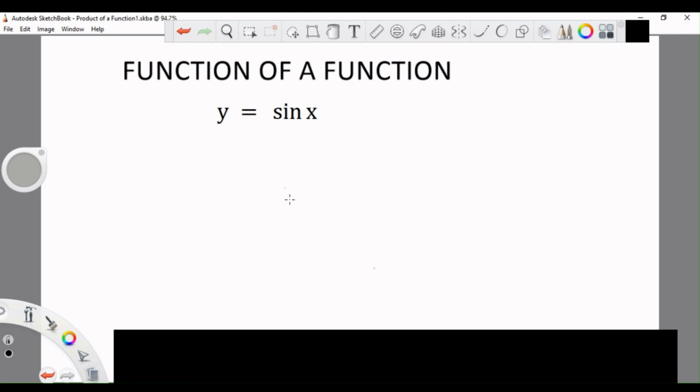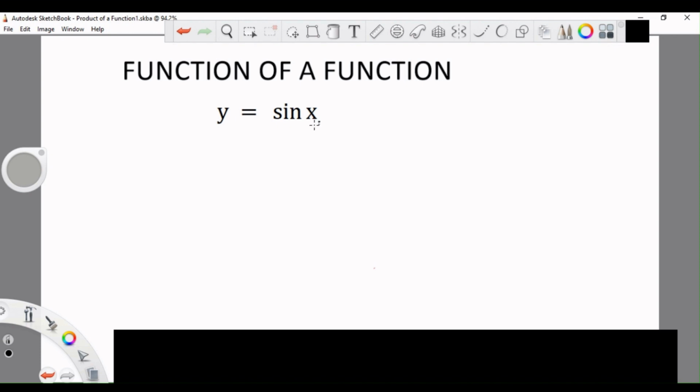A function of a function is of this form, where you have y equal to sine x, for example, where y is a function of the angle x. All right. Now, this is so because y depends on the value of x.